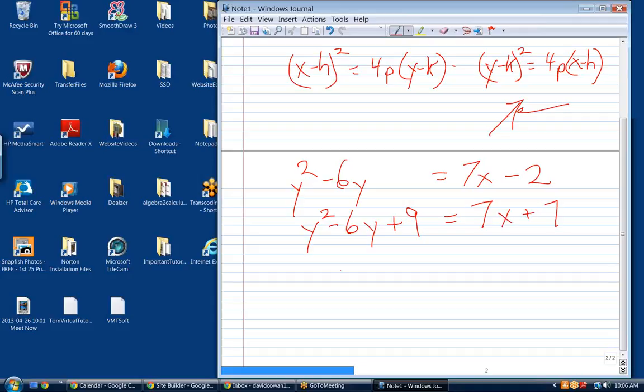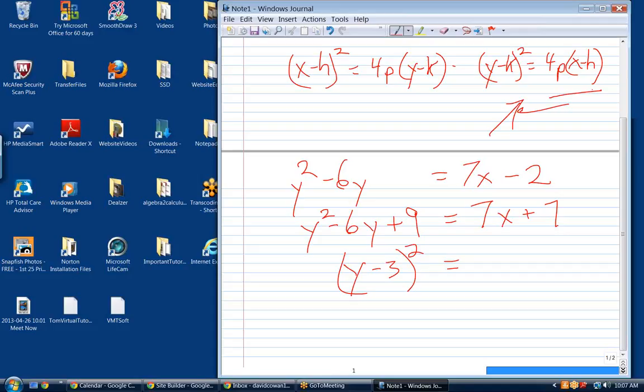And now how do we rewrite the left side? (y minus 3) squared. And how can we make the right side look like this? We're trying to make it look like 4p times (x minus h). So would it be 4 times 7 times (x plus 1)?